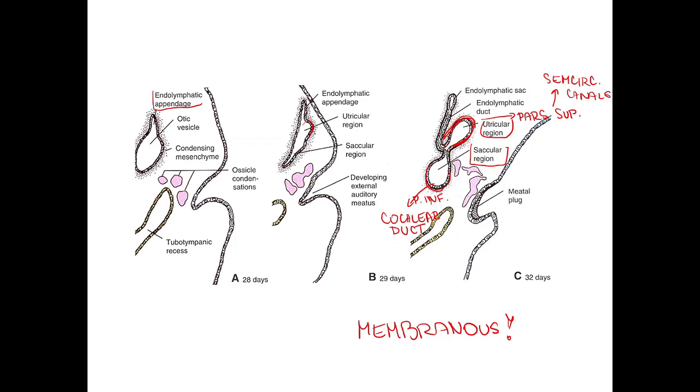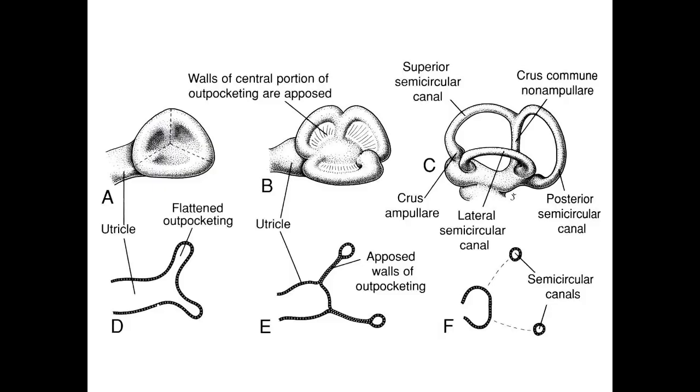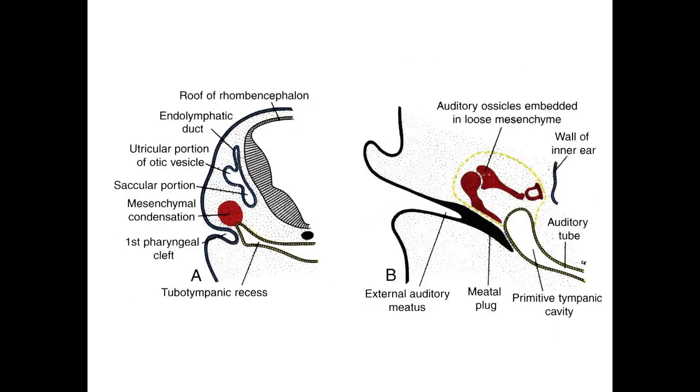So the malleus and incus are from the 1st pharyngeal arch mesenchyme.